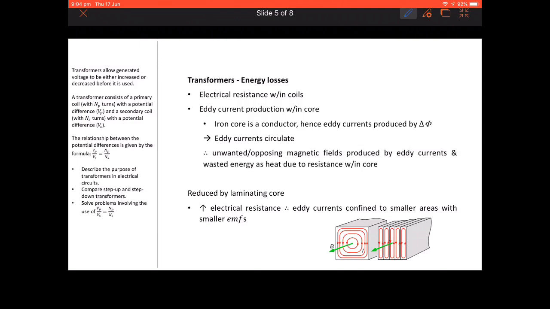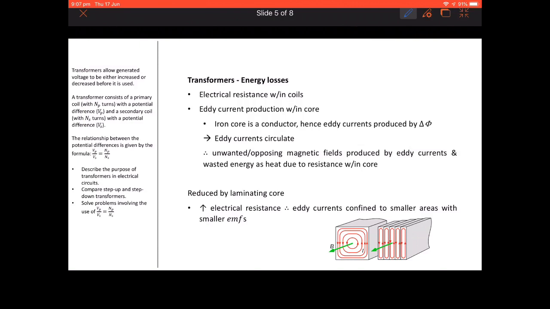As a result, eddy currents circulate within the iron core, and therefore unwanted, opposing magnetic fields in the opposite direction are produced by those eddy currents, and energy is wasted as heat due to resistance within the core, the resistance that those currents face.